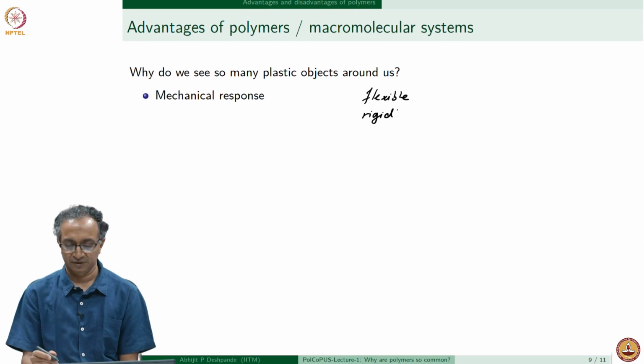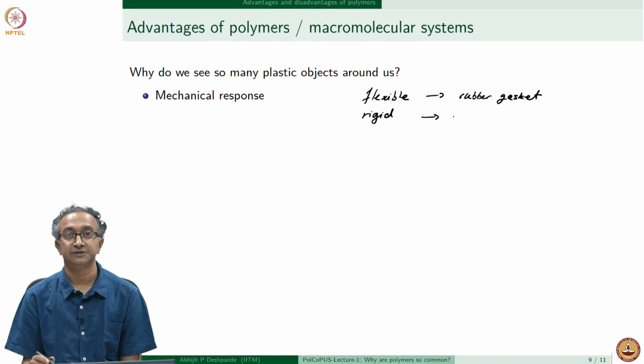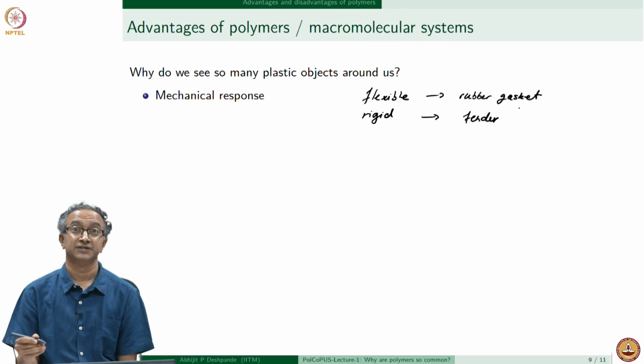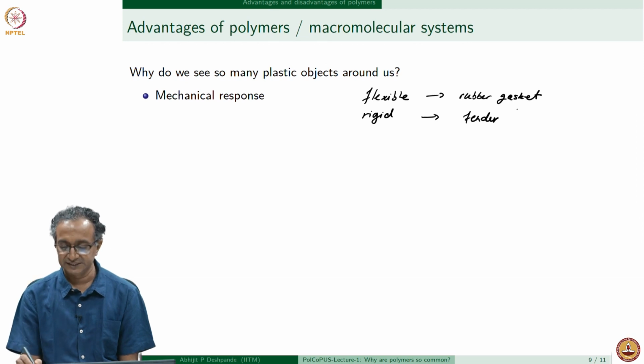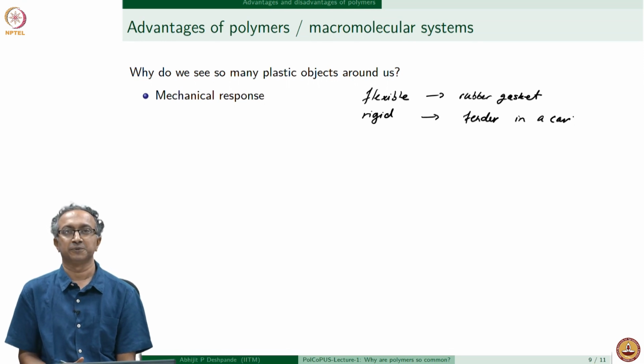So we can use polymers for a rubber gasket, or we could use them for a fender in a car, which is a very mechanically intensive application. In fact, it is trying to absorb energy when, let's say, the car has an accident. So very different kinds of mechanical properties can be obtained, and this is true even for optical or electrical or any other sets of properties.